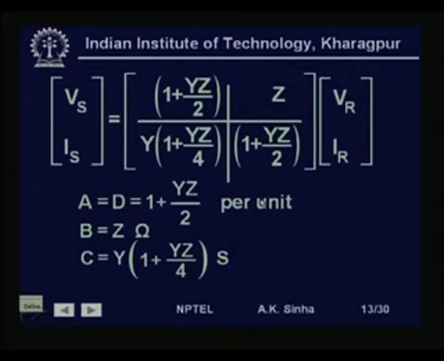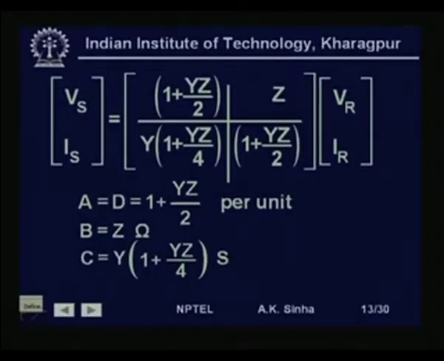This will be in per unit. B will be equal to Z ohms and C will be equal to Y into (1 plus YZ by 4) Siemens.